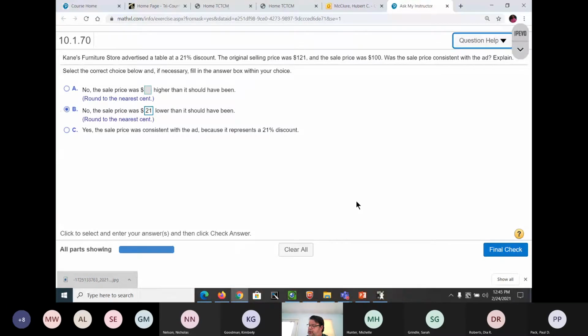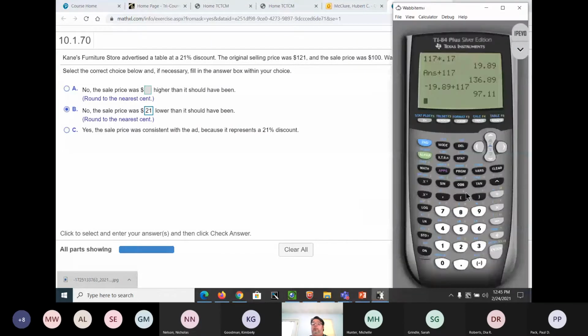And X minus 121 is equal to 121 times negative 0.21, which equals negative 25.41, plus 121, 95 point, and somebody take that away from 100, please.